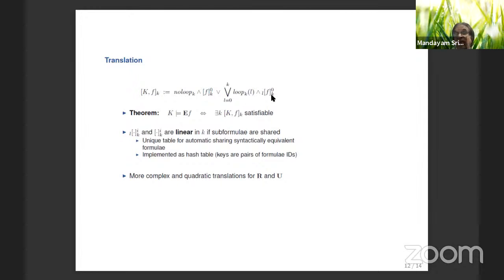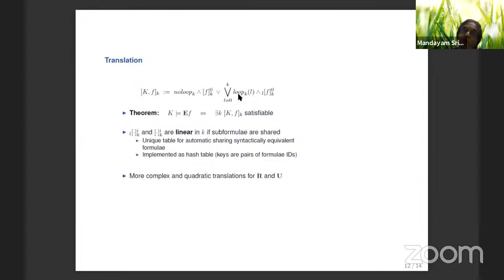You will be generating one such translation for each. So this is a disjunction; imagine that there is a parenthesis around this and this. If there is a back edge from K all the way to 0, you will generate one.